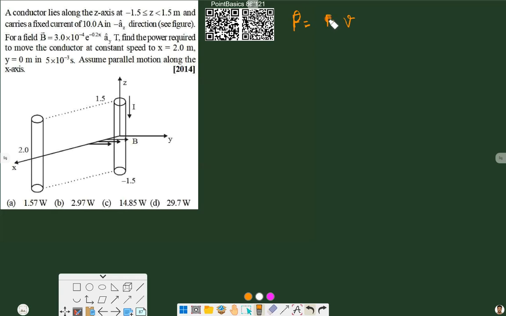Force here is the minimum amount of force that we will apply, and v is the velocity.